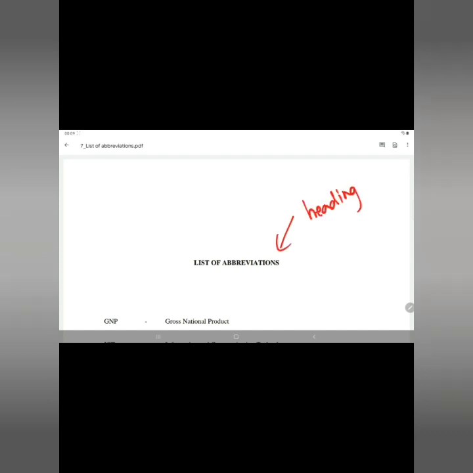And then this is the acronym, and this is the full name. You just write it like this and you rearrange it according to alphabetical order. This is for list of abbreviation.